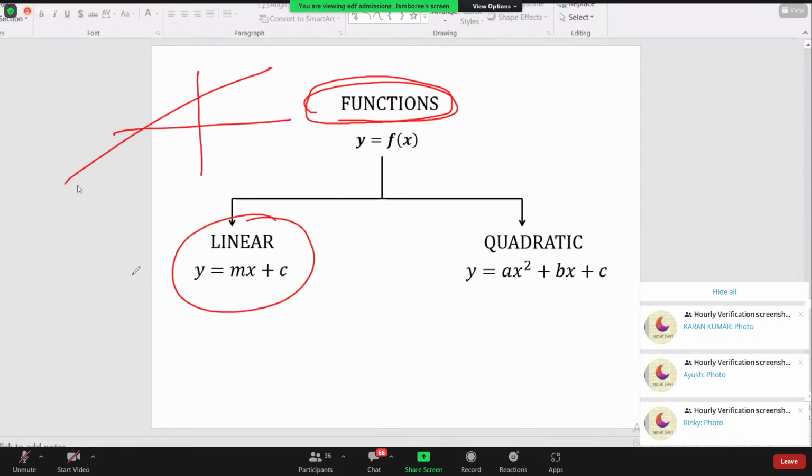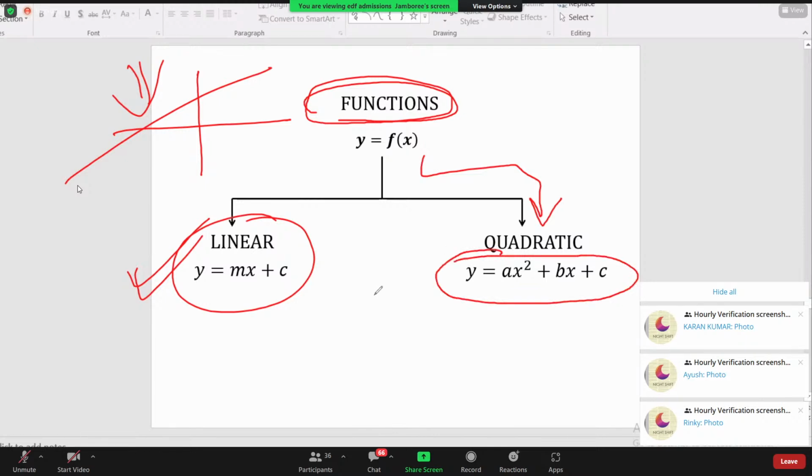We have already discussed the linear function in detail with respect to today's class. And now we will also be relating our conceptual idea towards the concept of quadratic functions. First of all, quadratic functions are written in the form of ax square plus bx plus c.